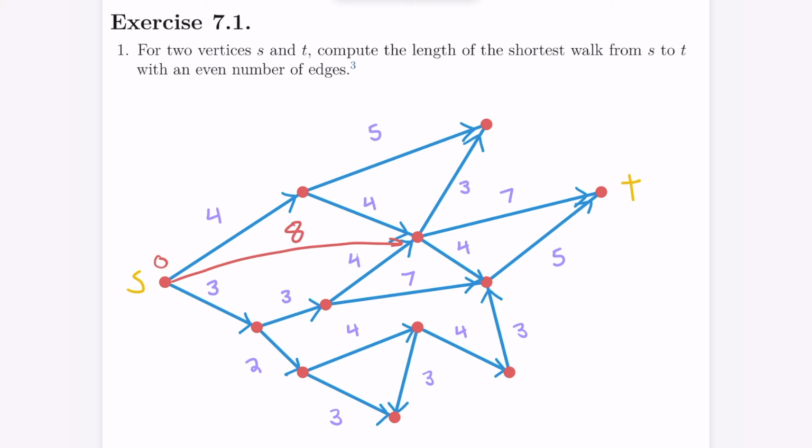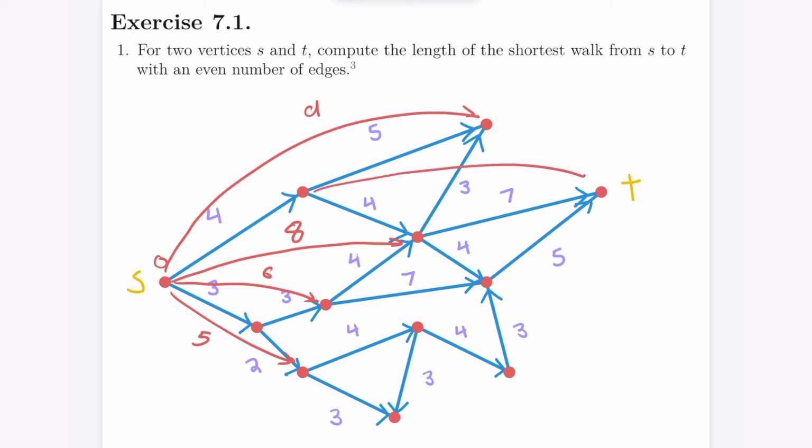I'm going to make a new graph with the same vertex set, but only the red edges that I'm drawing now. 3 plus 3 is 6. 3 plus 2 is 5. 4 plus 5 is 9. 4 plus 7 is 11. 4 plus 4 is 8. 3 plus 4 is 7.